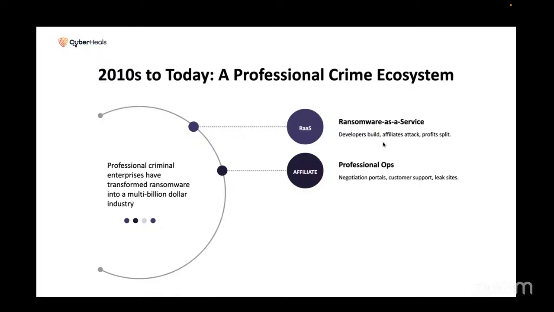Somebody in the middle buys the software and sells it to you and takes commission. They don't have any knowledge about the software. The more you sell, the better commission you get. Have you heard about multi-level marketing? You buy, you sell it to one, you get commissions. So they do ransomware like an affiliate, like modern-day malware.